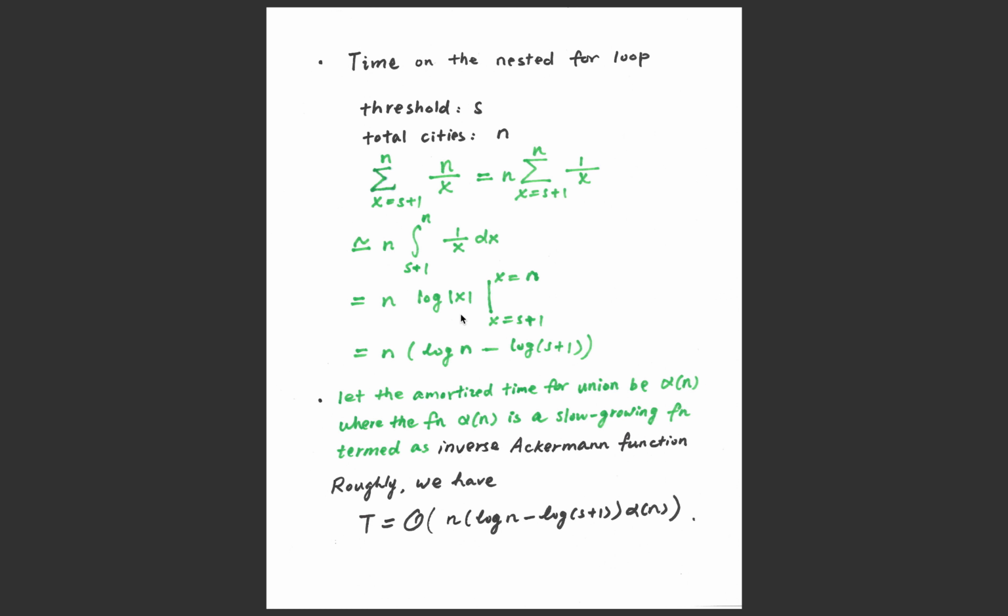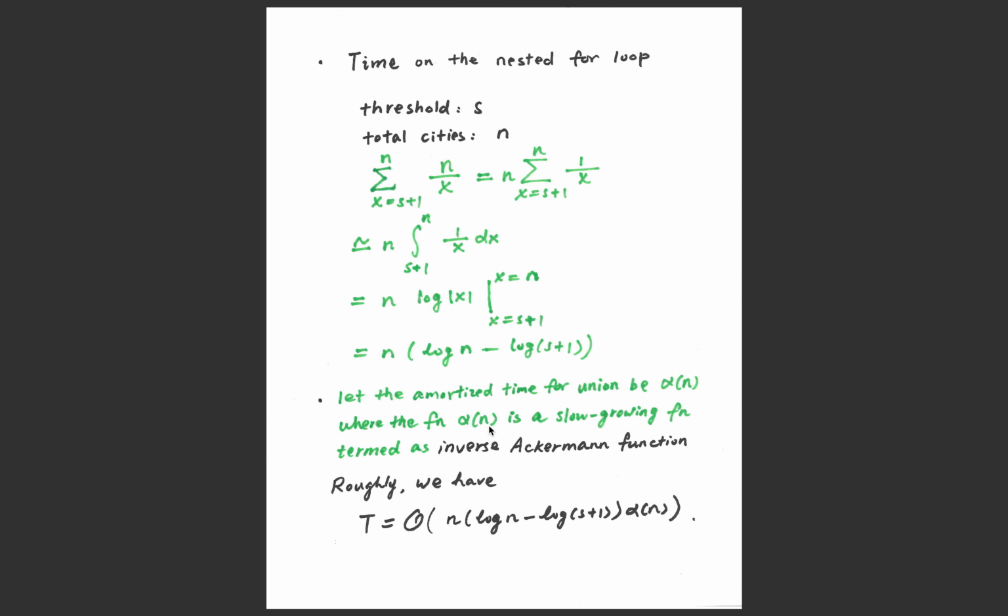So this is part 1. Now let's look at part 2, where we count the whole time complexity. We are going to do an analysis that is not very rigorous or precise. We count the average time. Let the amortized time for union be alpha(n).